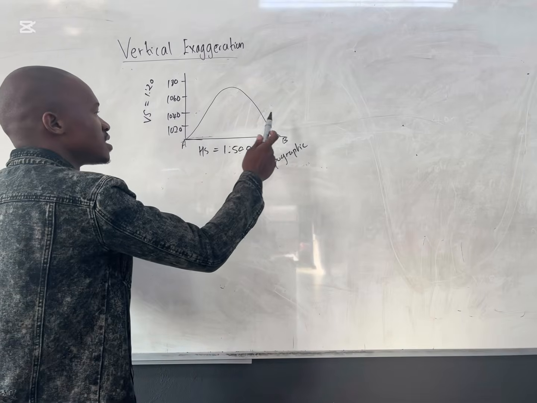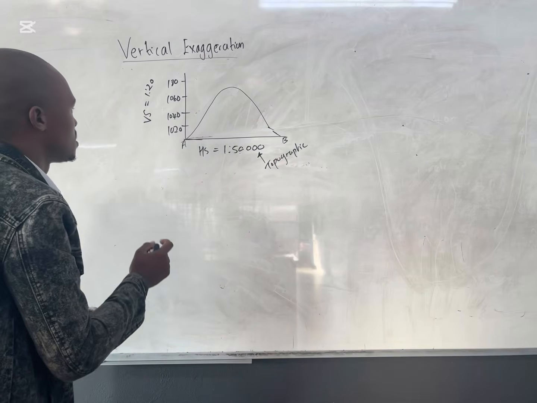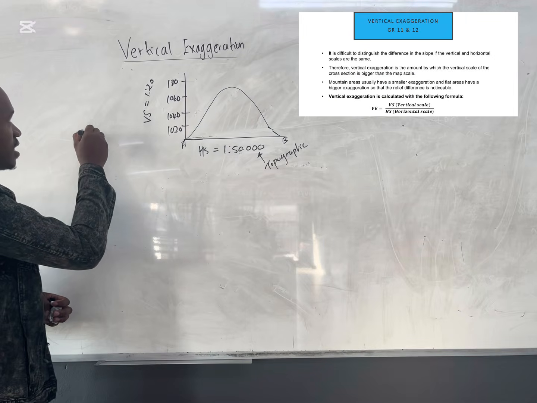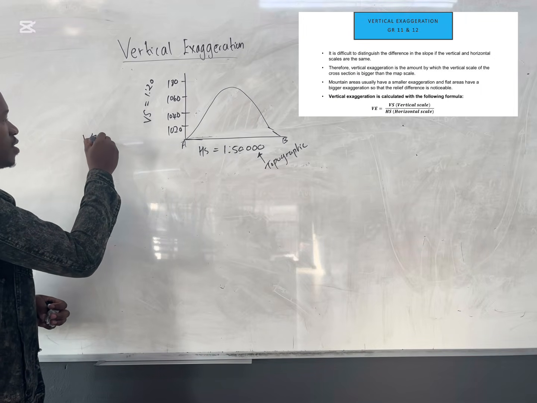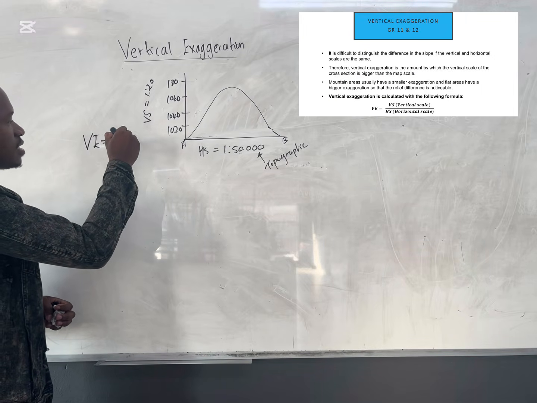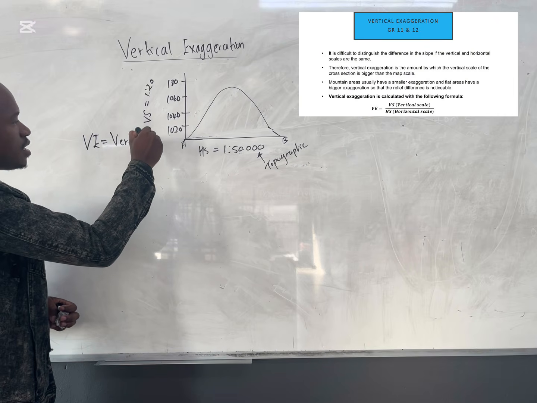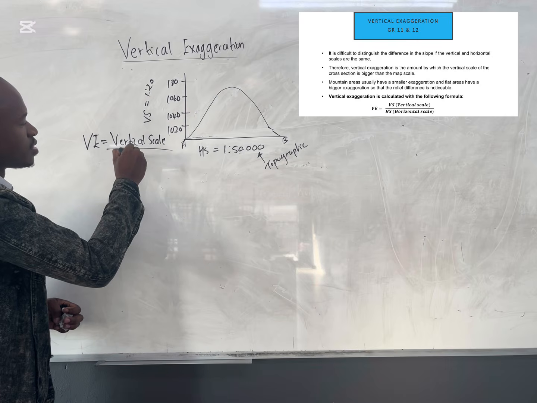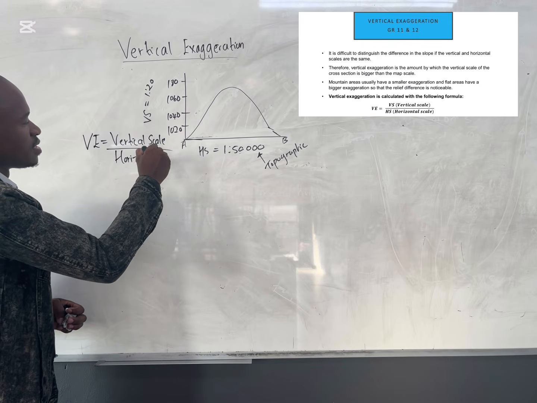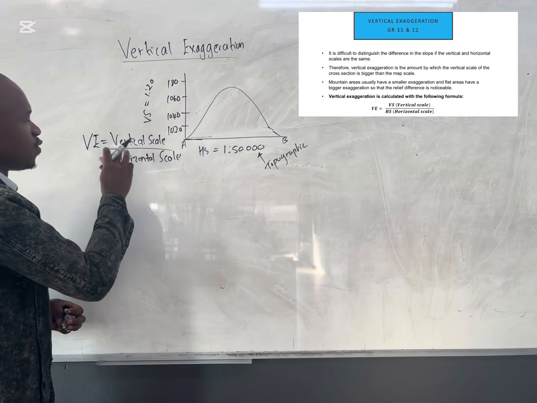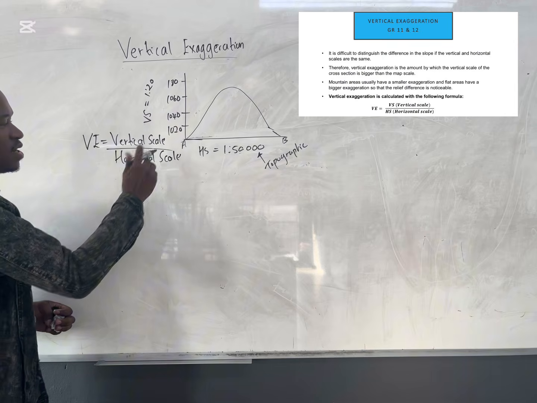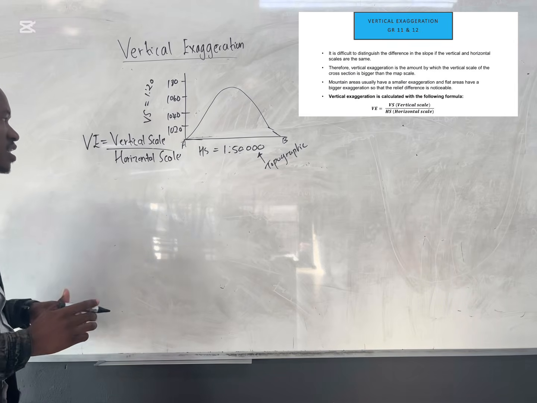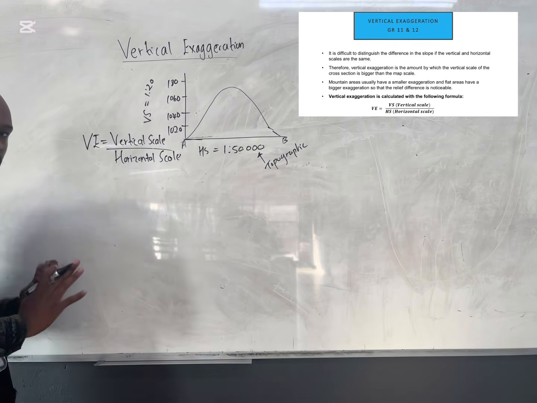For this calculation, the formula is simple. The formula is vertical exaggeration, VE, equals vertical scale over horizontal scale. Okay, we have VS, vertical scale, over HS, horizontal scale. Now let's break it down and make it easier.